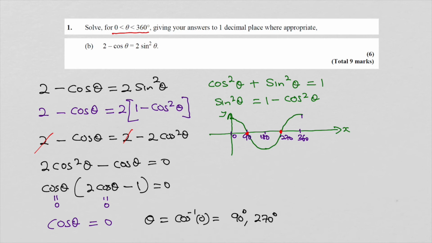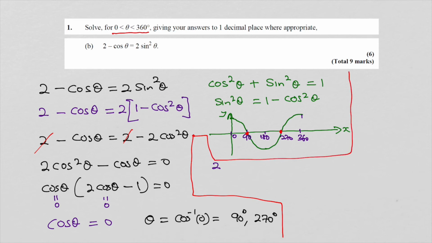What about when we need to set the other one to 0? So we've done the first part here. So we're setting 2 cos theta minus 1 equal to 0.